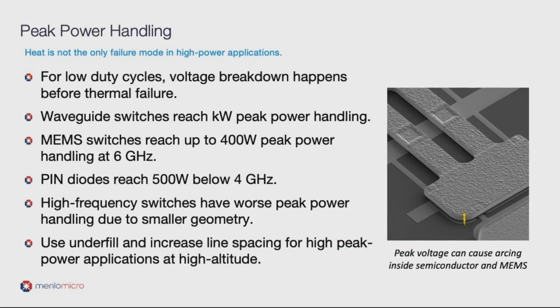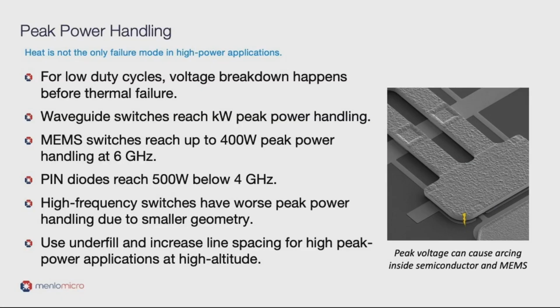The next specification I'll discuss is peak power handling. This describes high RF power but with a shorter duty cycle. For some switches, the maximum peak power handling might be at or only slightly higher than the average power handling, and for others it might be much greater. In the case of waveguide switches, they have the highest peak power handling, just like with the CW, reaching well into the kilowatts.